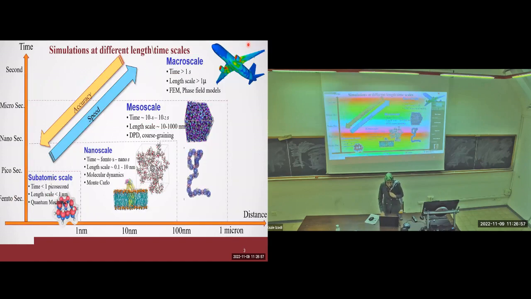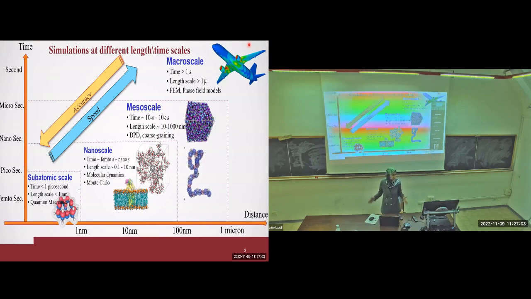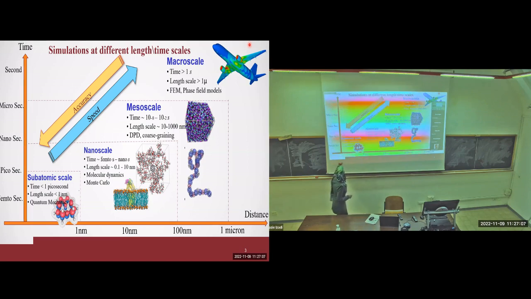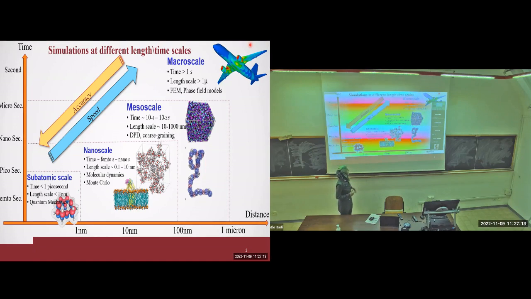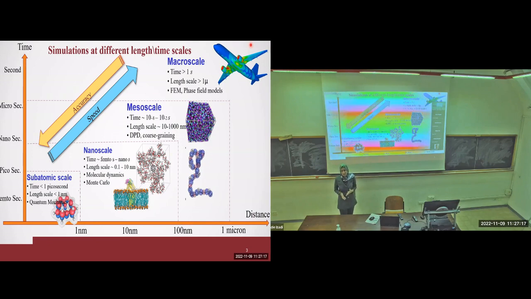Okay, before starting, let's just talk a little about where molecular dynamics stands in the world of simulation techniques. Below 1 nanometer and 1 picosecond, we call it the subatomic scale. And here, the simulation technique that is mostly used is quantum mechanics, which is based on solving Schrödinger equations.